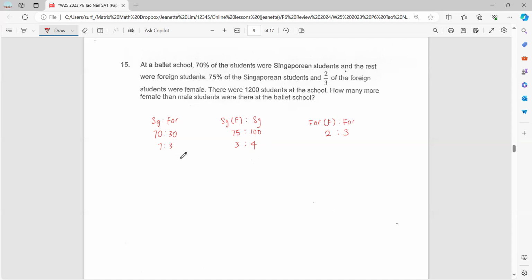Common multiple of 7 and 4 is 28. So this is 28. We multiply by 7. Next, the total number of foreign students is the other common base. So here we have 12 units, and over here we have 3 units. So we have to change this to 12.